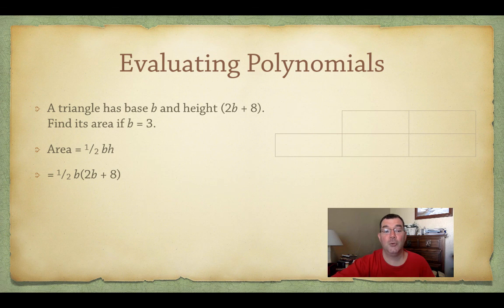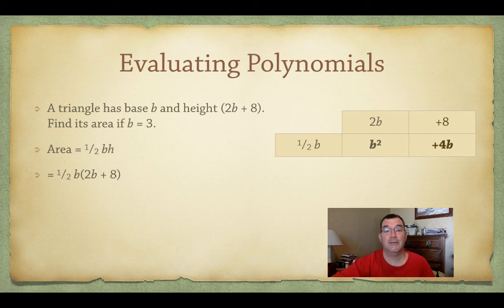This is another example of where I have to multiply something outside parentheses by everything that's being added together inside parentheses. I've got 2b plus 8 inside the parentheses along the top, and then 1/2 b out front. I multiply that 1/2 b by what's at the top of every column. So 1/2 b times 2b is 1b squared, and 1/2 b times 8 is 4b.